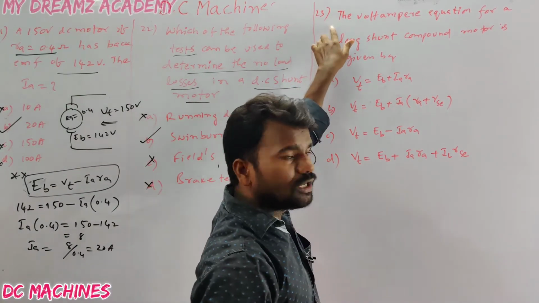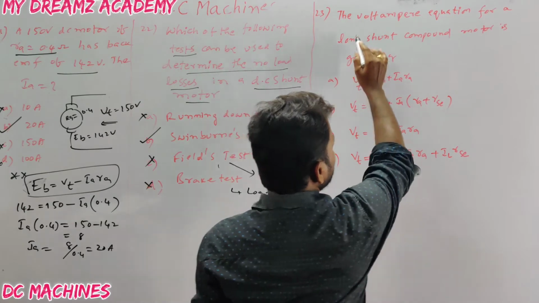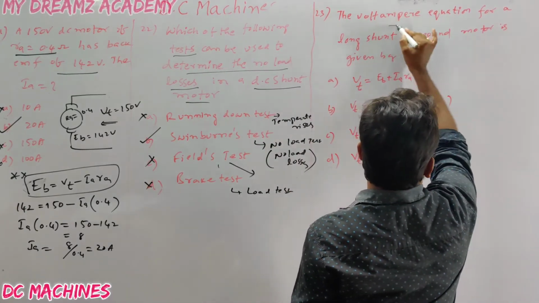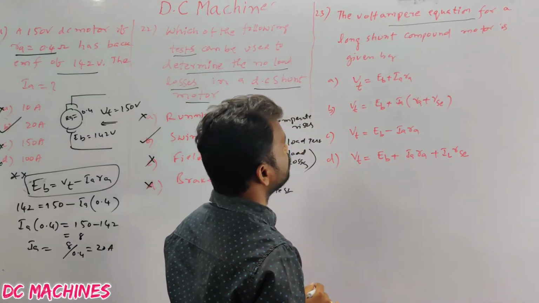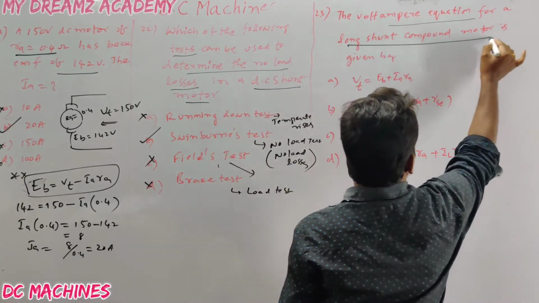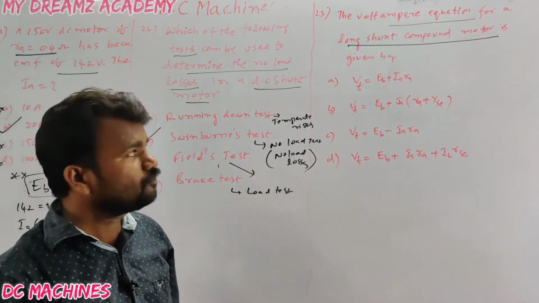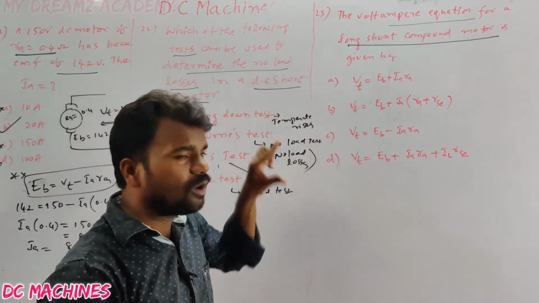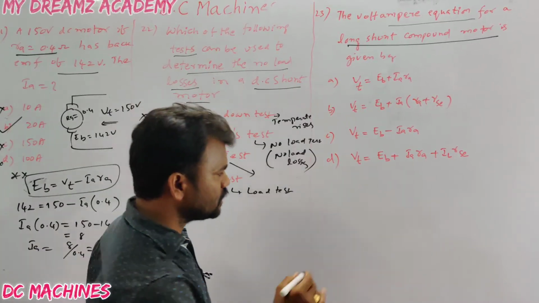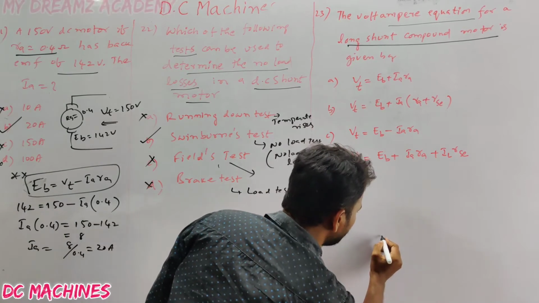And next, the 23rd question. The volt ampere equation for a long shunt DC compound motor is given by? So just draw the long shunt DC compound motor.